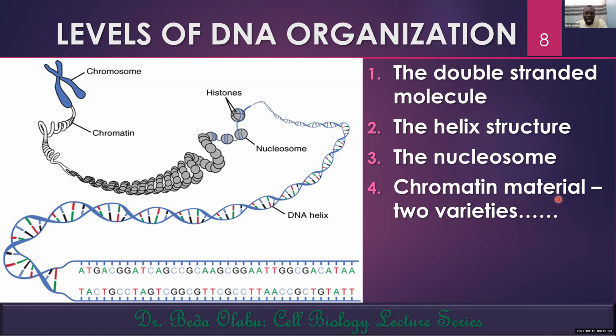The logic behind that is that any cell that needs to divide must therefore replicate its DNA. If you remember the concept of the cell cycle, any cell that goes beyond the G1 phase enters the S phase, during which it replicates DNA.